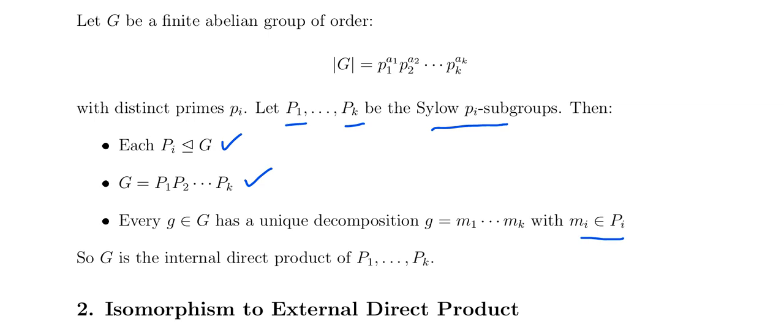Then G is the internal direct product of P1, P2, Pk.